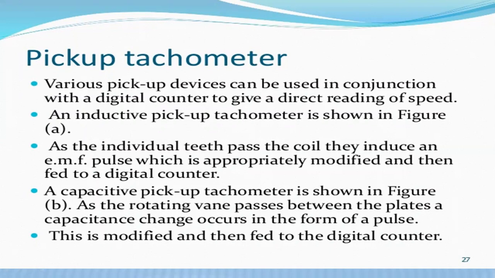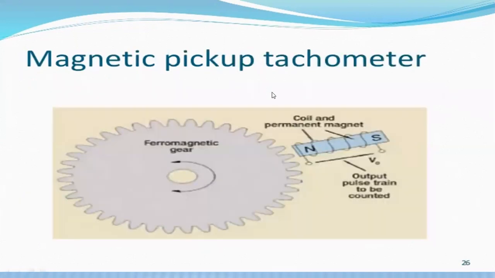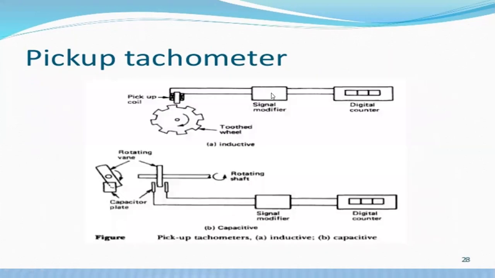As the individual teeth pass the coil, they induce an EMF pulse, which is appropriately modified and then fed to a digital counter. So the EMF is generated by this inductive tachometer. With the toothed wheel, we can place the sensor between the pickup coil and the toothed wheel.